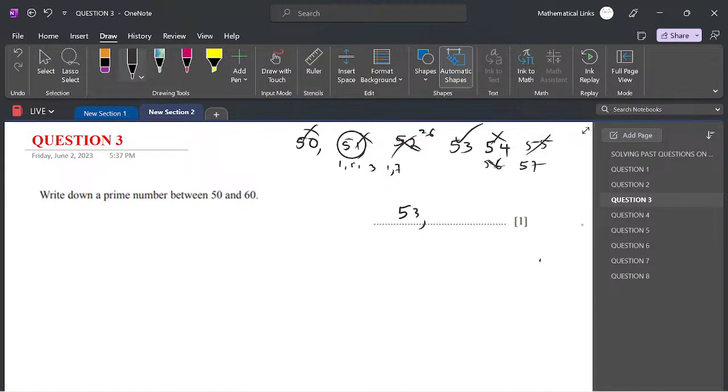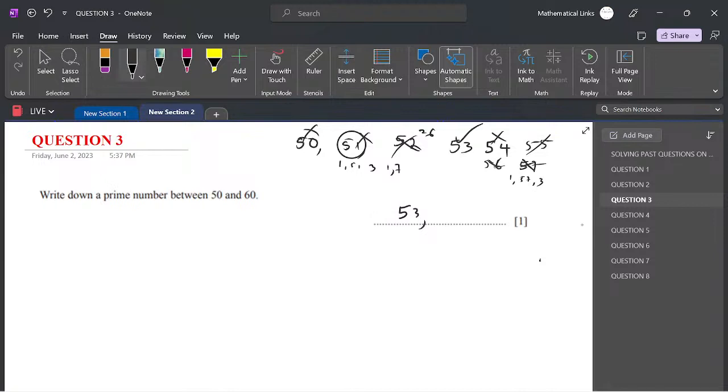So that means 57 is divisible by 3. So 57 is not a prime number. So apart from 1 and 57 itself, 3 can go into 57, okay? You can see, since the factors are more than 2, you don't need to disturb yourself. So 57 is not a prime number.